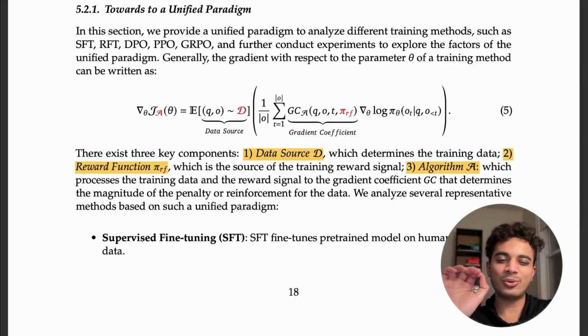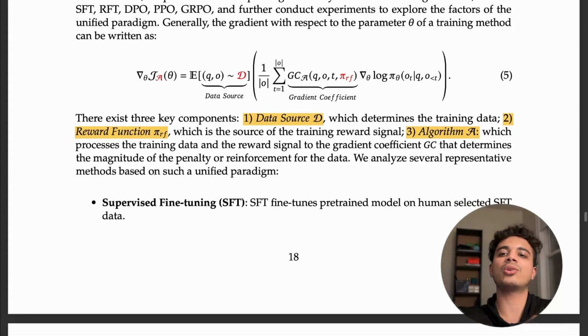And lastly, the algorithm A, which processes the training data and reward signal into a gradient coefficient GC that determines the magnitude of the penalty or reinforcement for the data. This is their own personal terminology. If a later paper comes along, they will give some different analogy to it, but this is the baseline of what they want to do now.